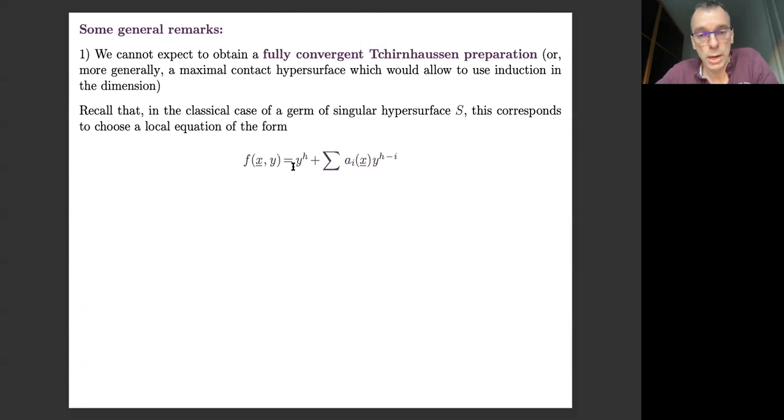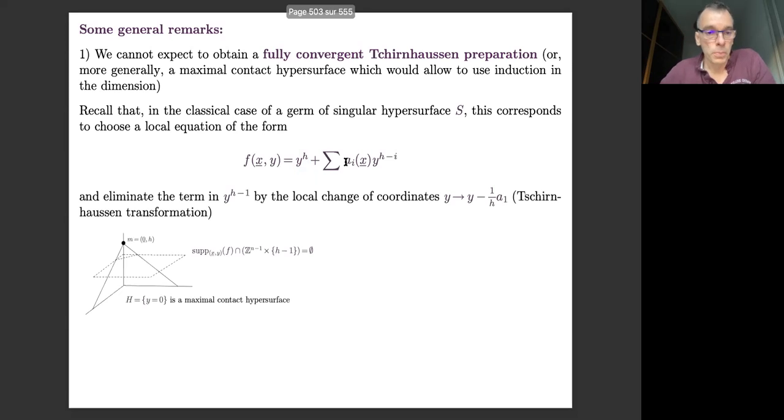Up to a generic change of coordinates, I can suppose that it's of multiplicity h, and you have some initial monomial of this type, y to the power h, and then some polynomial in y with coefficients a_i in the other coordinates x.